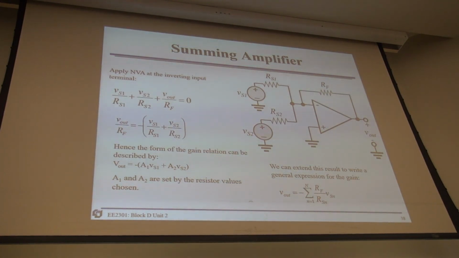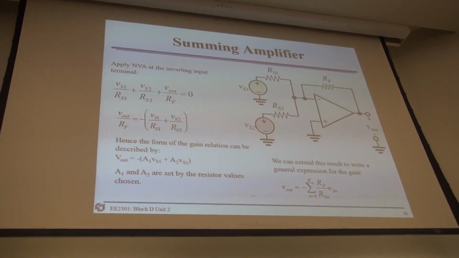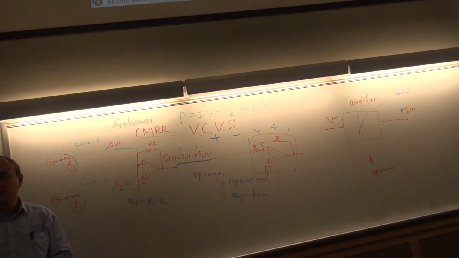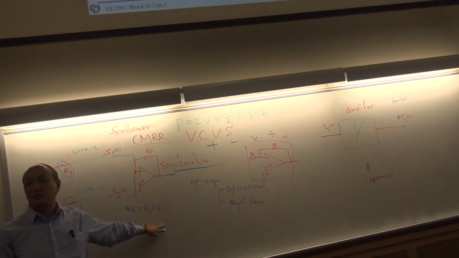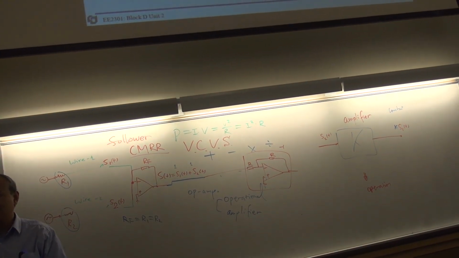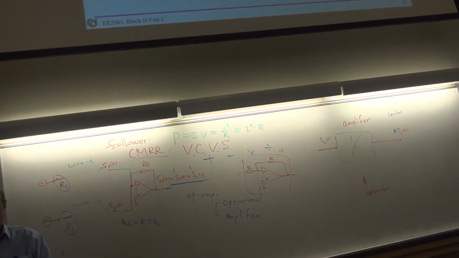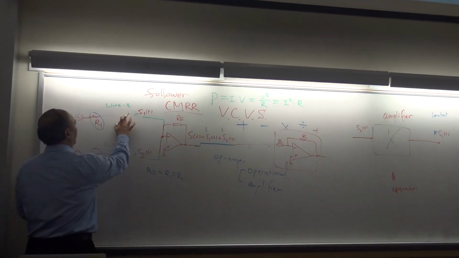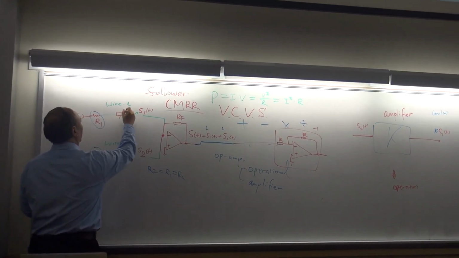Okay? Minus sign. You should criticize me at this point. Say, hey, Dr. Chen, you made a mistake. Because this thing is considered a signal source with an internal resistor, and this is an internal resistor, you cannot change it, and you assume they are the same. That's not right. If you can ask that, I will be really happy. It is true. You should not do it that way. So in reality, you should put something like this.